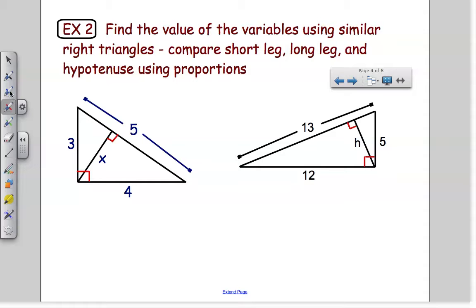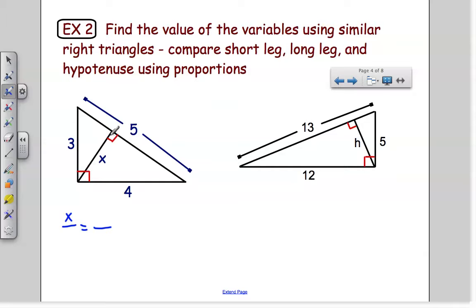So let's say that I was going to try to find x in this triangle. Obviously, I'm going to have to find x, so I'm going to be using x somehow. So I'm going to start with that in my proportion. And then pick a number that's also in the same triangle as x.